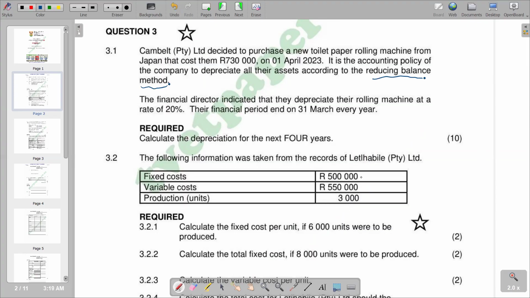It was purchased on 1 April 2023, so the first year is ending 31 March 2024.